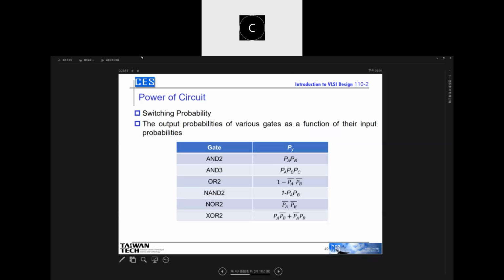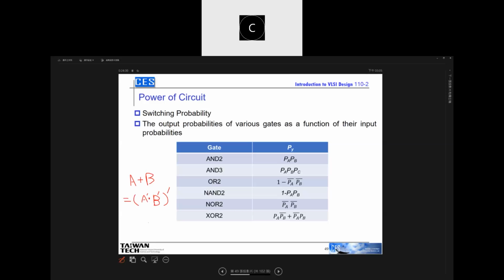And for the OR gate, let's do this. If we have an OR gate, A plus B, that actually equals A prime times B prime, complemented, according to De Morgan's rule.